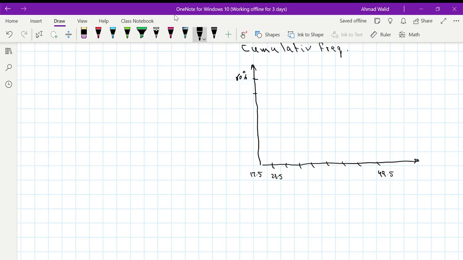Then let's jump by 10, maybe 50, here 40, here 30, here 20, and here 10%, correct? The first is 58.1, the first class. This is your 58.1, correct? And you graph it like this.